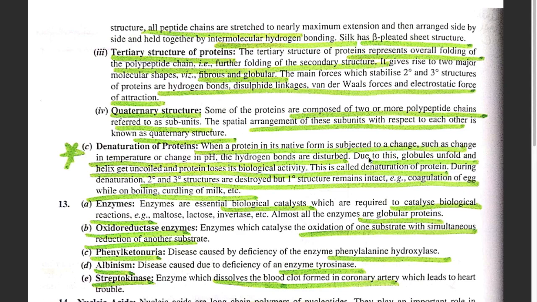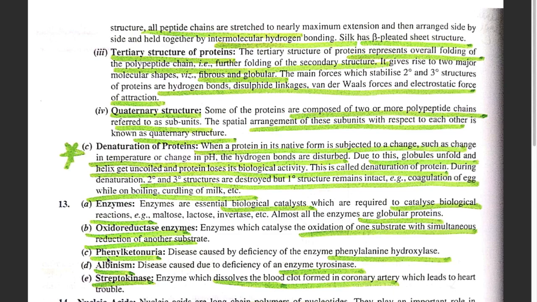In this process, the globules unfold and the helix gets uncoiled. This is what is meant by denaturation of protein. We have two examples of denaturation, that is coagulation of egg white on boiling and curdling of milk as a result of fermentation. So, denaturation of protein is a very, very important topic.